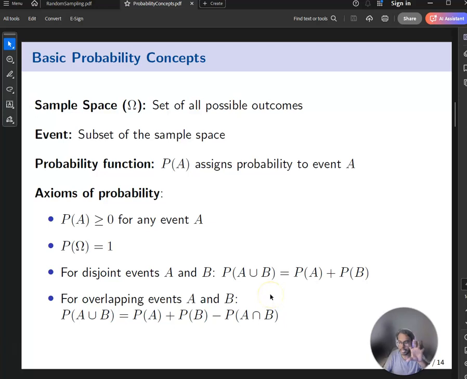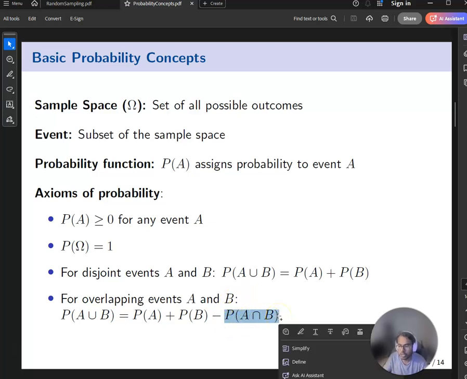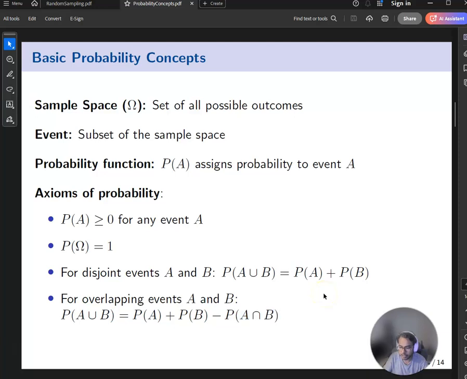If you just add A and B together, you're counting the overlapping region twice. So you need to subtract the A intersection B once to make that correction.